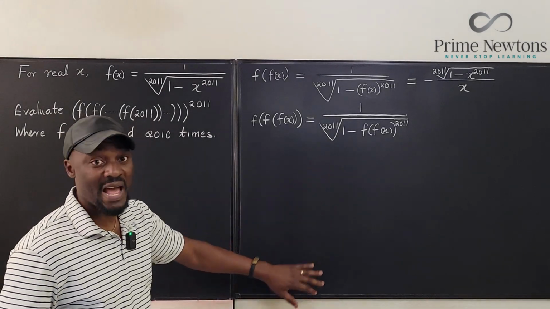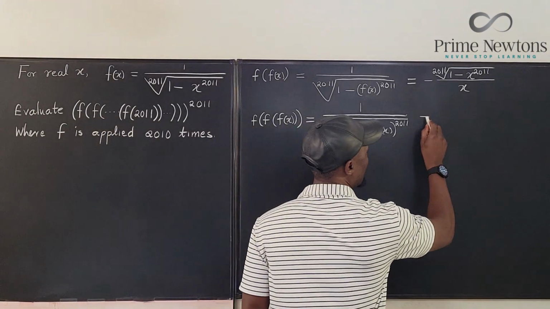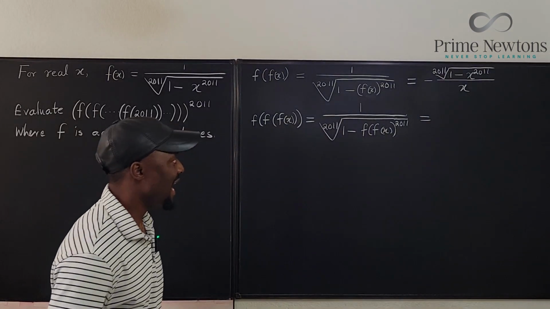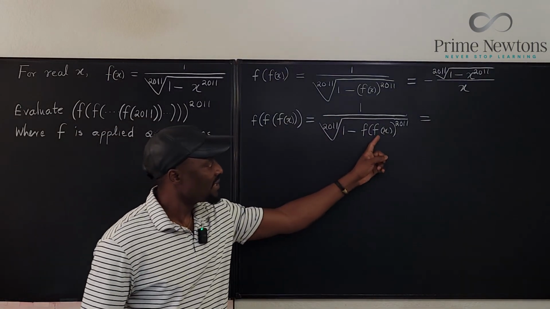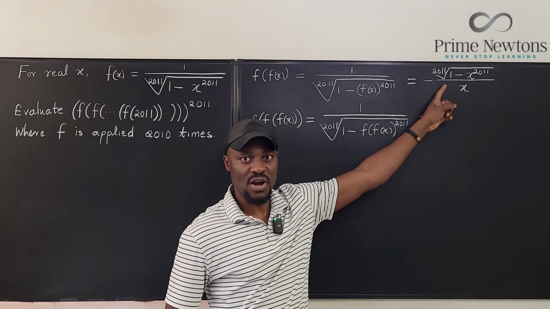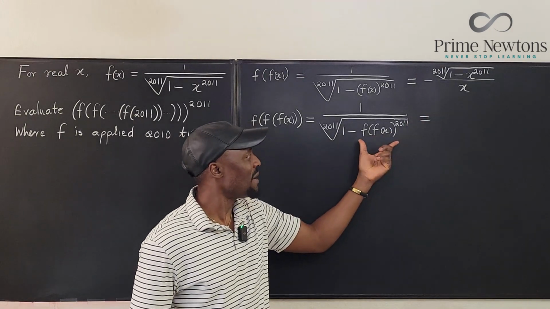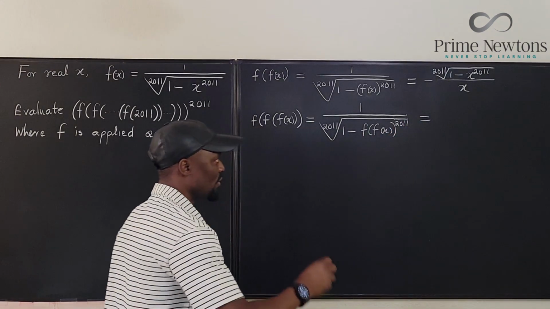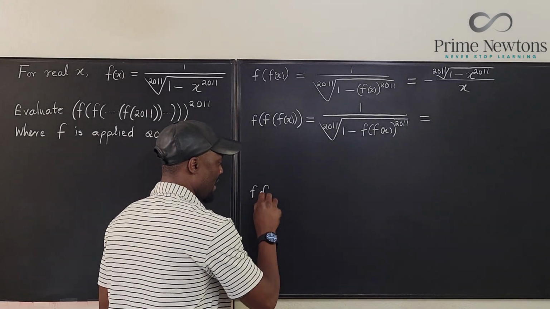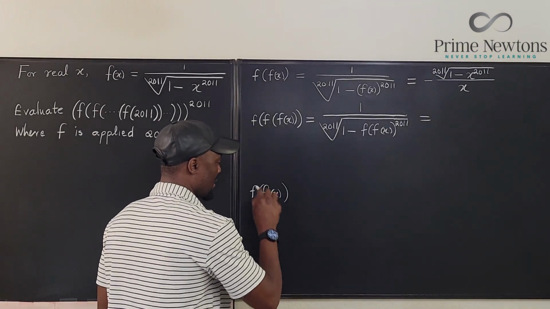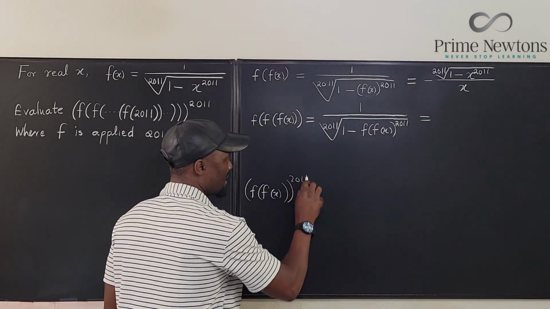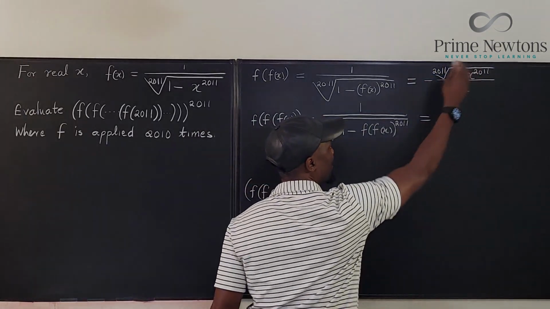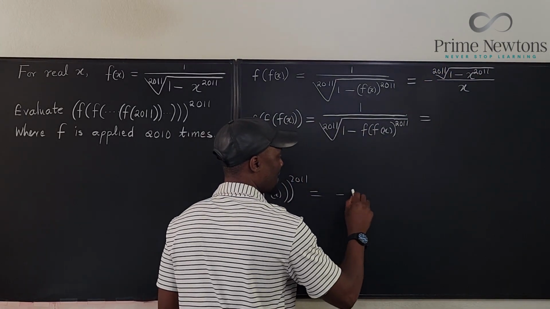Well, I have to do the math and then I'll write the answer on this side. Okay, so let's do the math. Now, what is this? This is the answer we just got, so I'm going to put it here. Let me see what happens if I raise this to power 2011. So f of f of x raised to power 2011 is the same thing as raising this to 2011. That's negative.